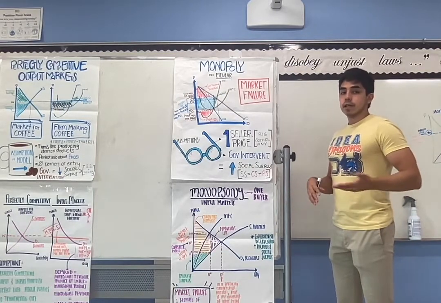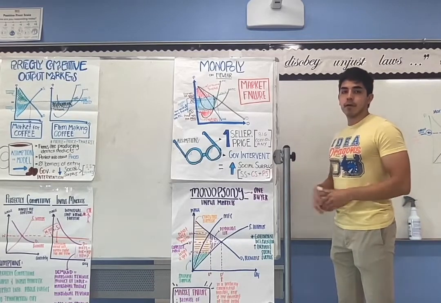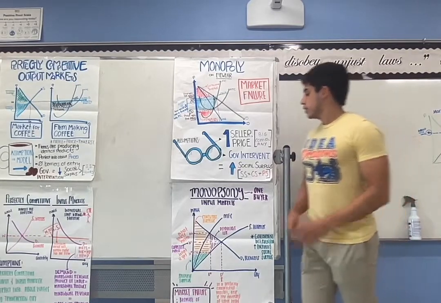And he saw that there was actually no reduction in employment. So we can use monopsony to help us think about why there wouldn't be any reduction in employment, and we'll talk about that in another video.